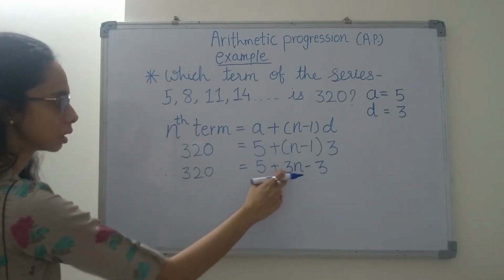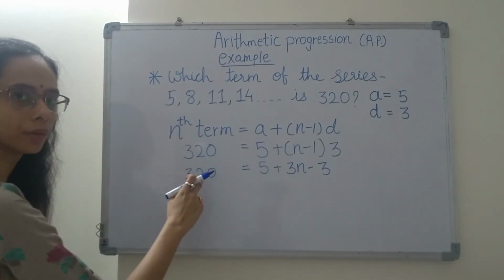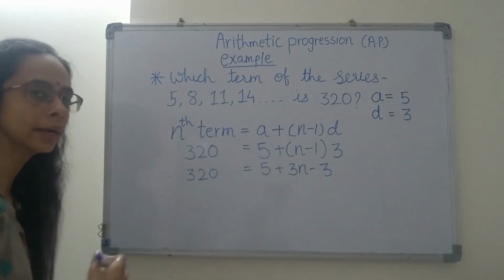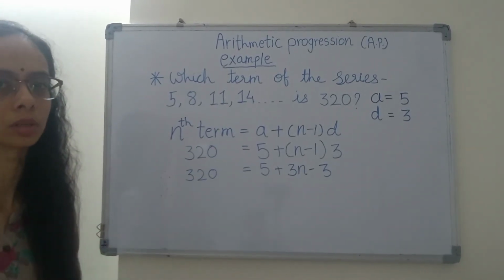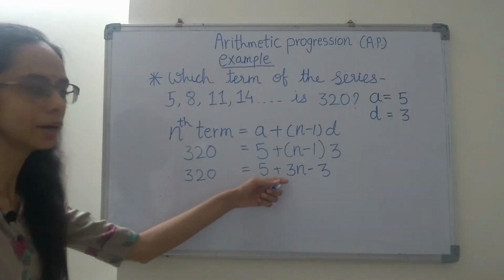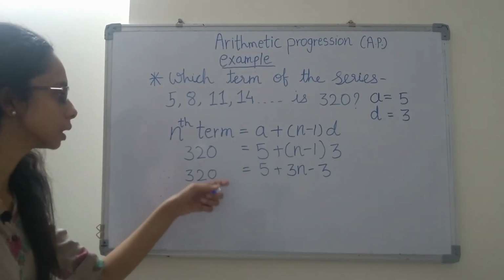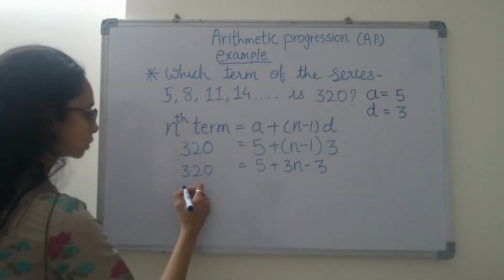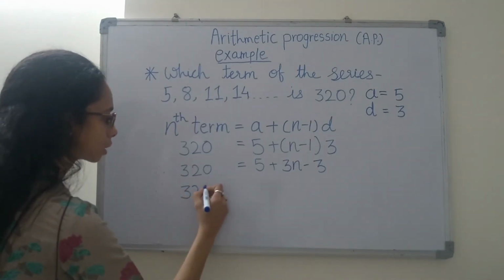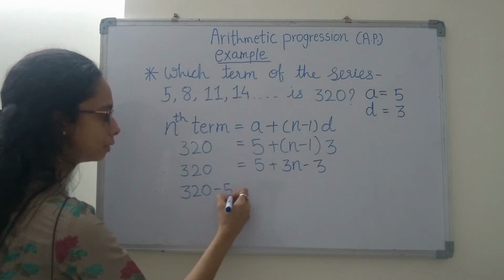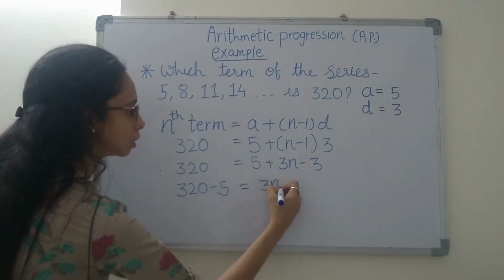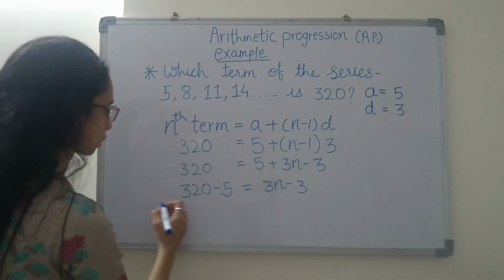When it goes to the other side of the equal sign, it will go into subtraction. Why? Because addition and subtraction are reversible processes. So 5, which is added over here, when it goes to the other side, will become subtraction. So 320 minus 5 is equal to 3n minus 3.